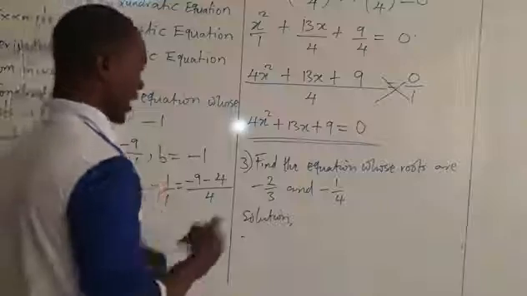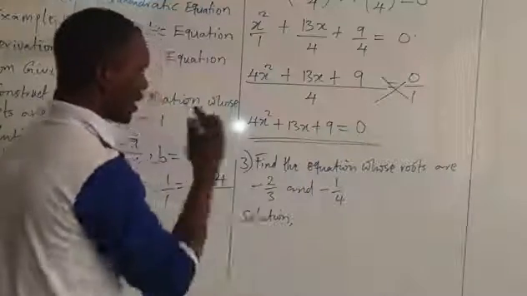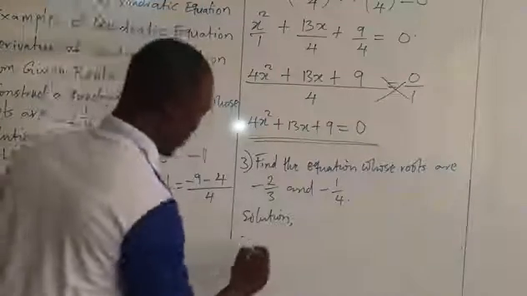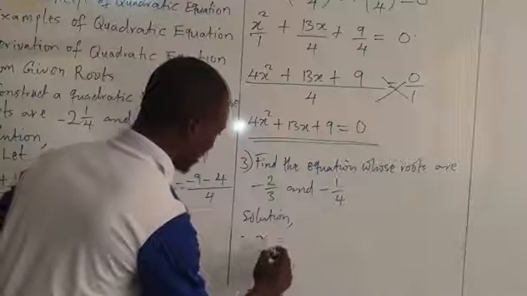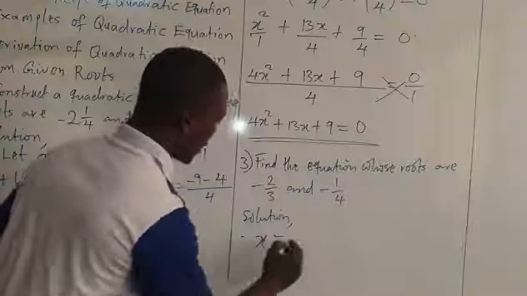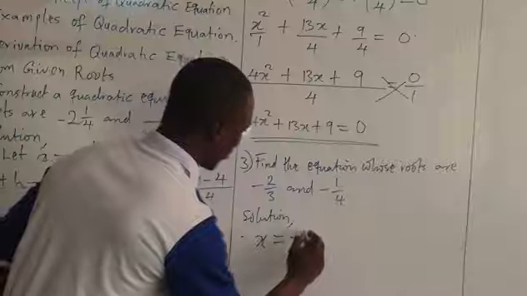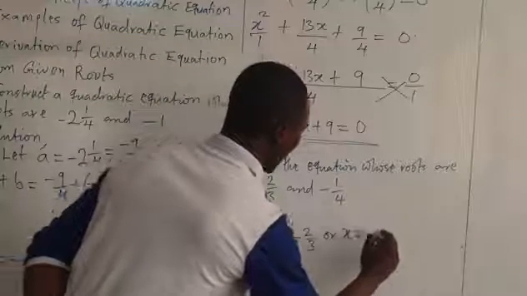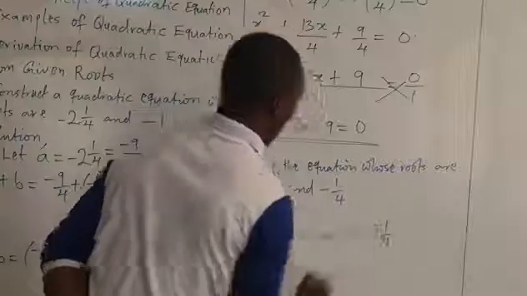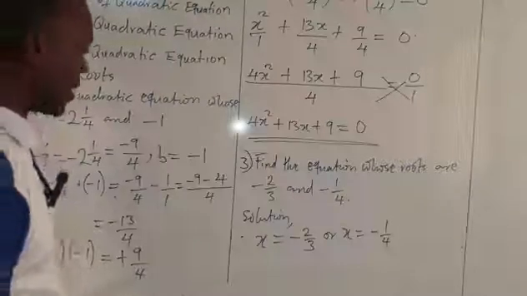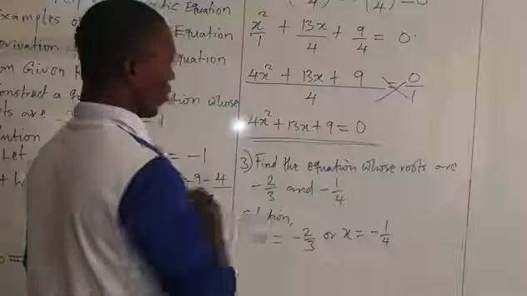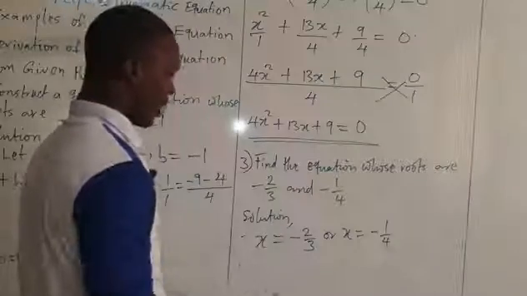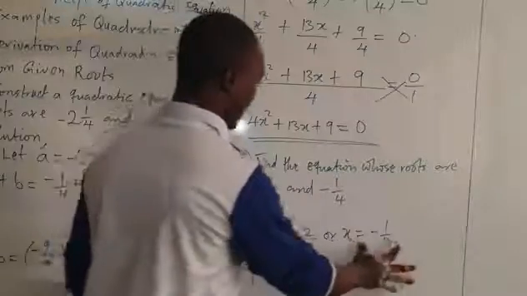And we are going to get that from, let's say the unknown variable is x. So you can now say x equals to what? X equals to minus 2 over 3 or x equals minus 1 over 4. So if you have it like this, it means the two solutions for the quadratic equation we are about to derive are this and this.